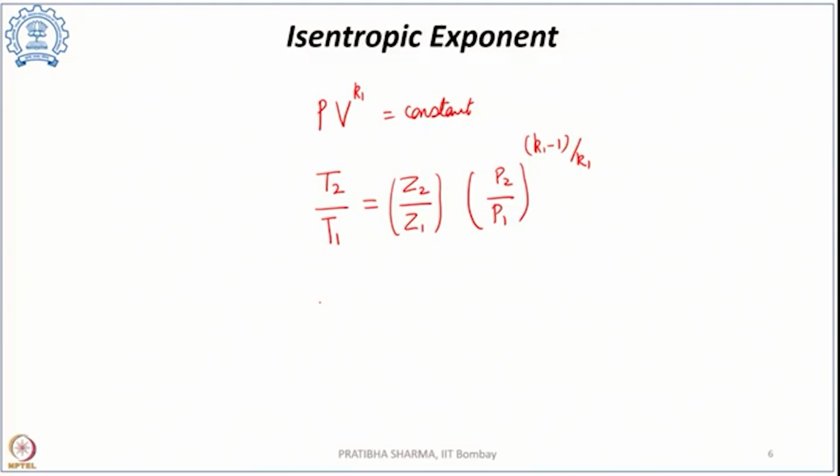This exponent K depends upon the nature of the gas, which type of gas we are considering, and what the temperature and pressure are. So it behaves differently at different temperatures and pressures.